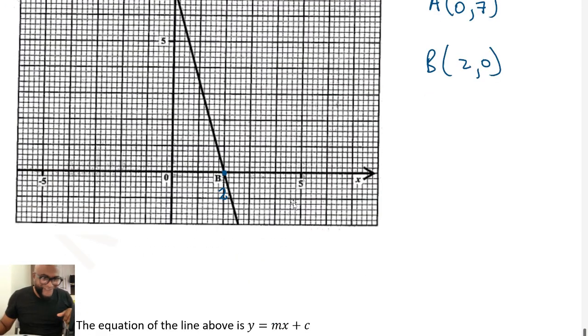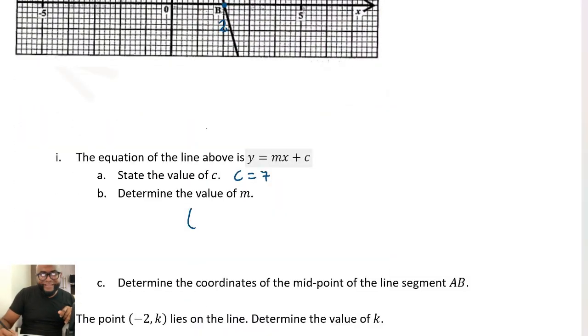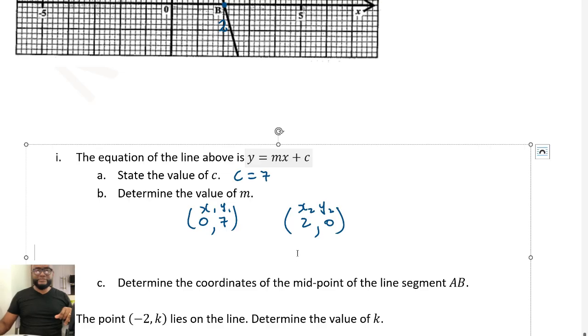Now we have 0, 7, and 2, 0. That's x1, y1, and x2, y2.